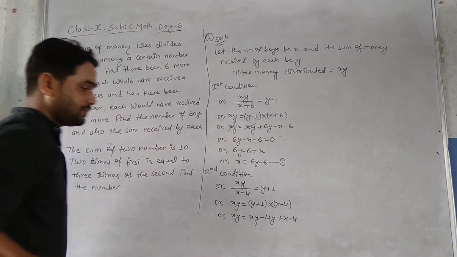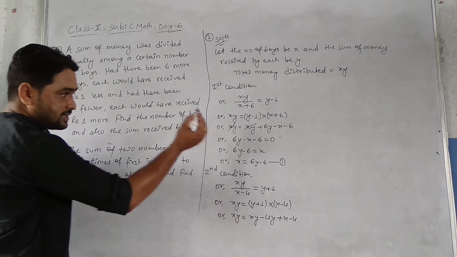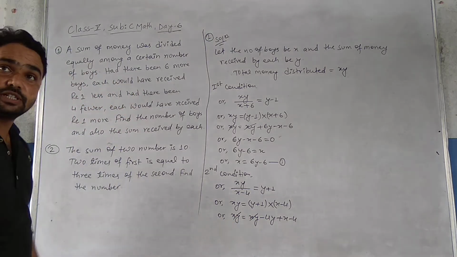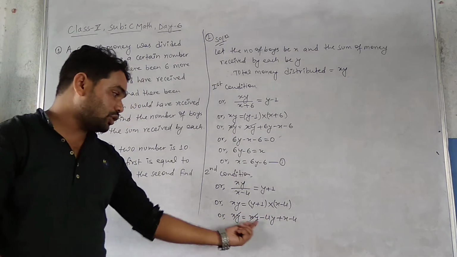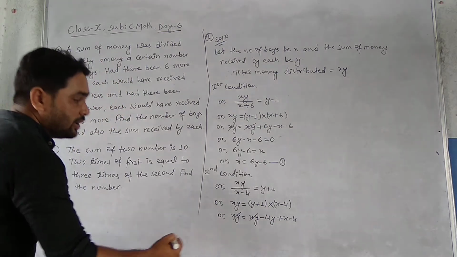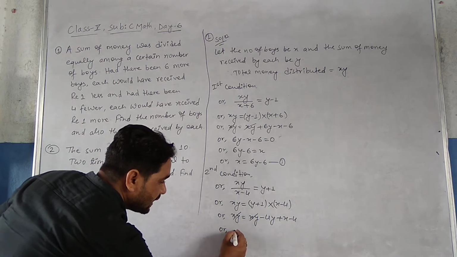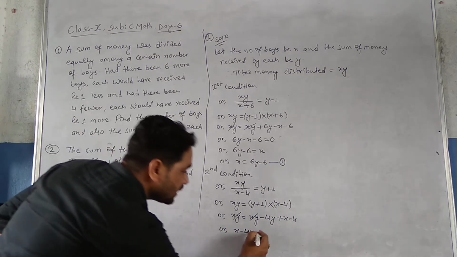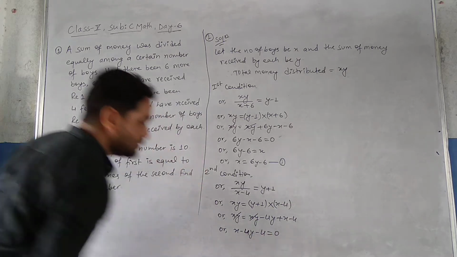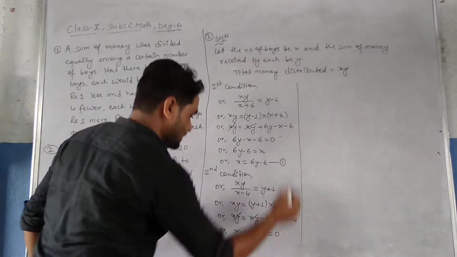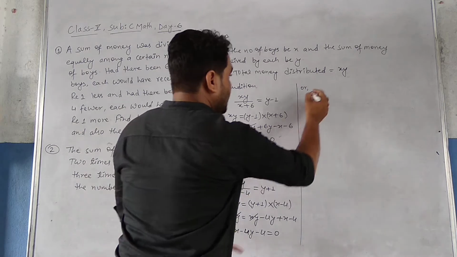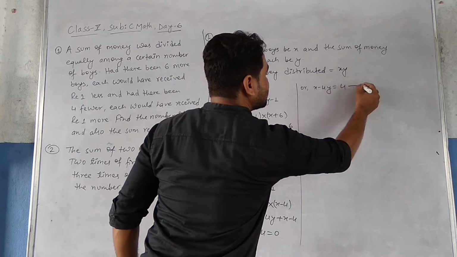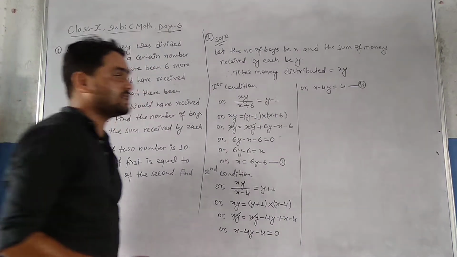Now same as above, xy positive on one side and xy on the other, so we can cancel, and we get x minus 4y minus 4 equals to 0, or x minus 4y equals to 4. This is the second equation.